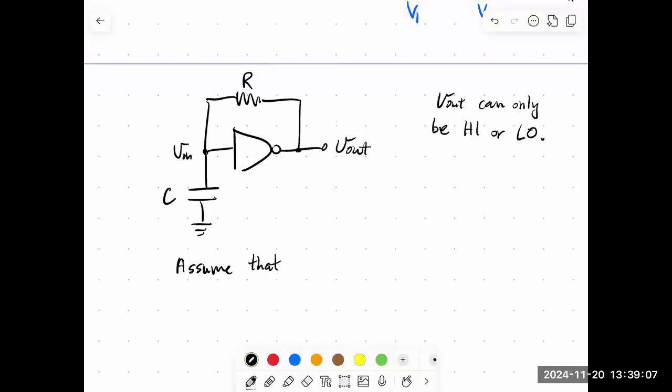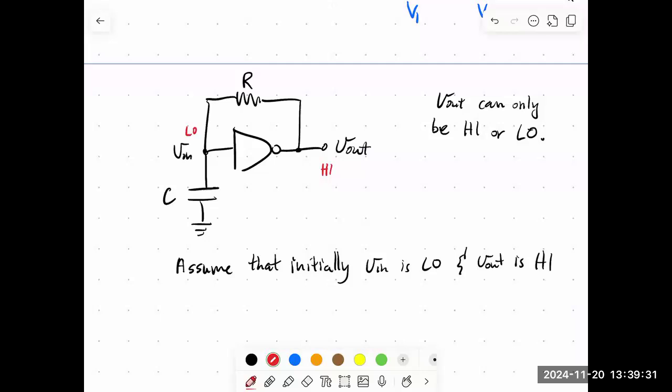that initially V in is low and V out is high. Okay, so we're going to assume that we have something like a high voltage here and a low voltage here.